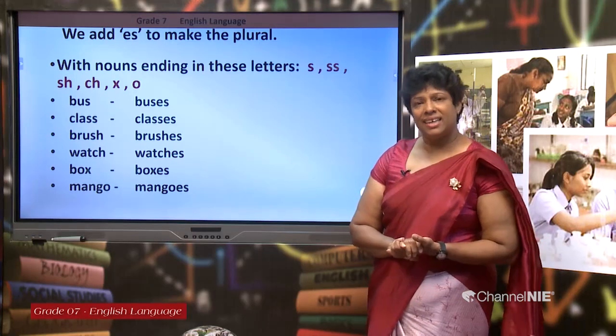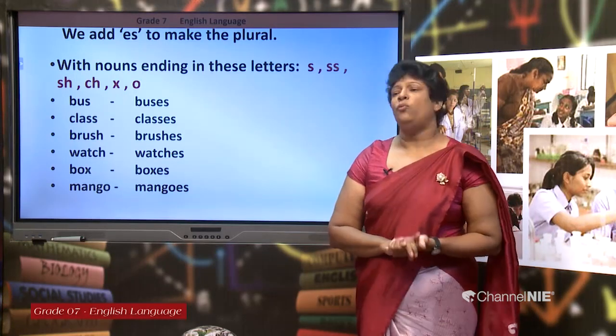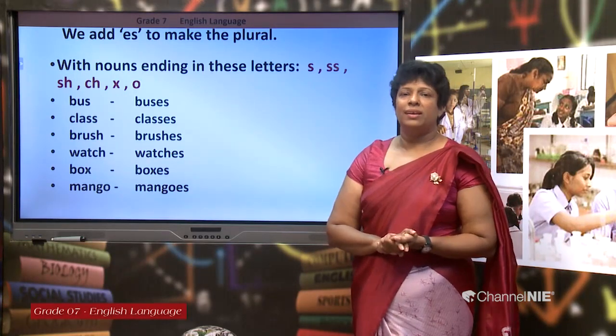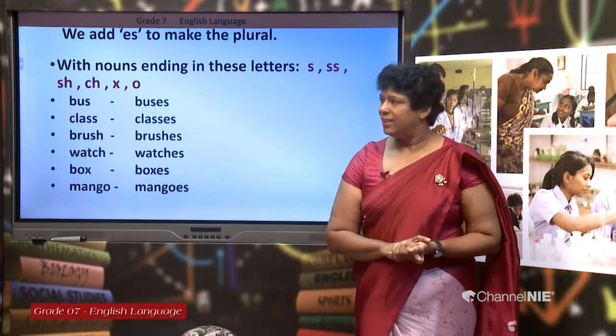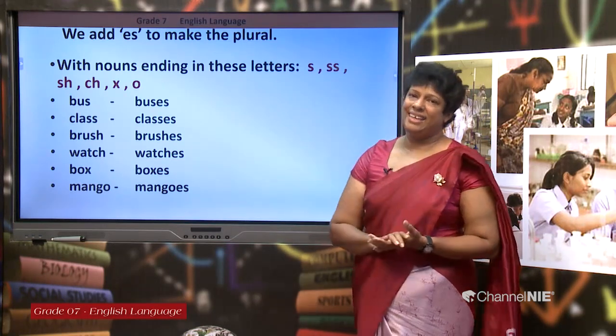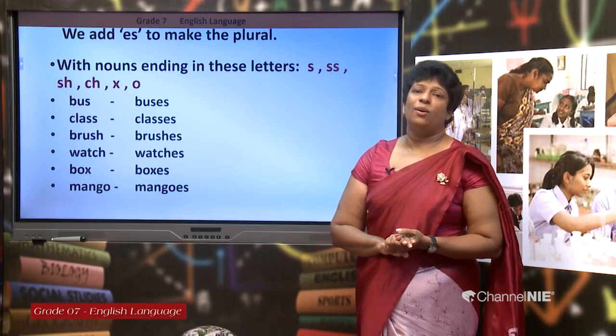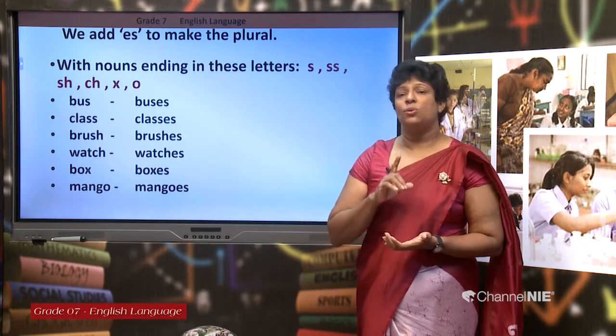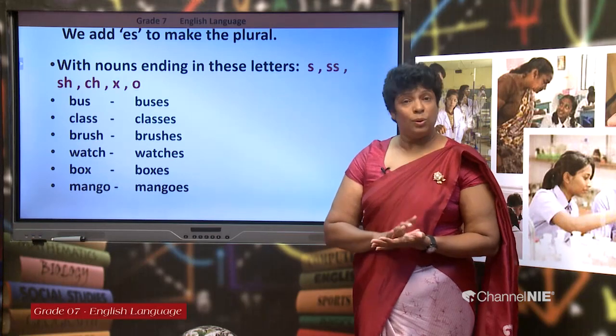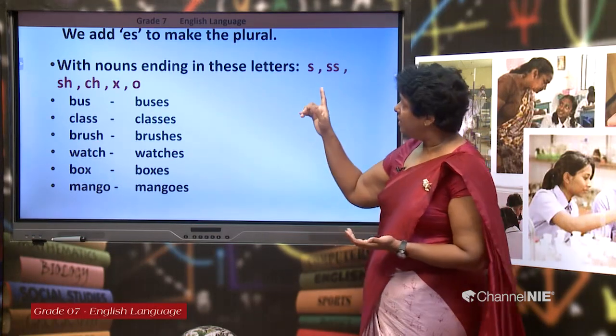Now, there's another important fact you have to keep in mind. Look at the screen and see there is another change we make in nouns to make them plurals. Look at the heading.